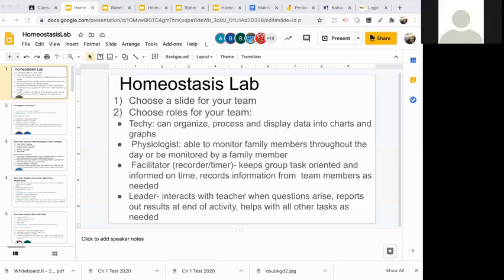Madeline. Okay, I was hoping I could do the pH of saliva based off of the foods or drinks you're eating. Okay, I'll put you in the diet group, then you guys can talk about that one. Thomas. I was also thinking pH of saliva. Okay. Grace. Can I do temperature depending on time of day? Okay. Natalie.